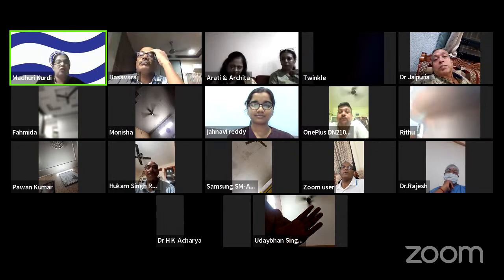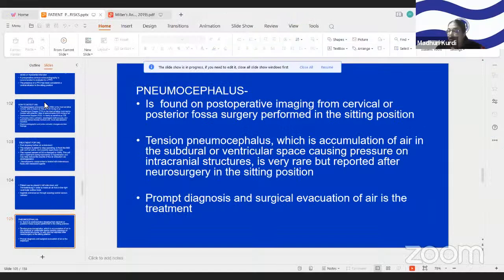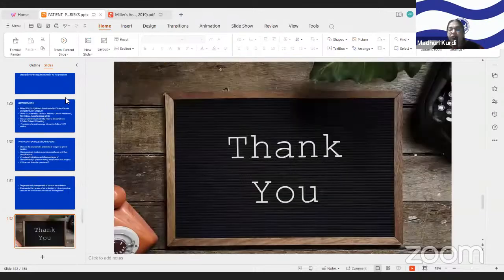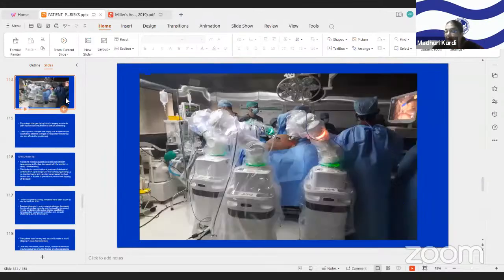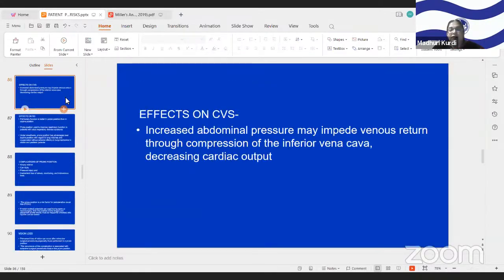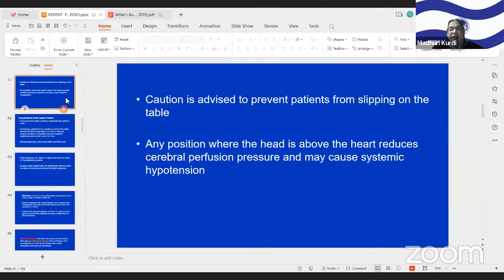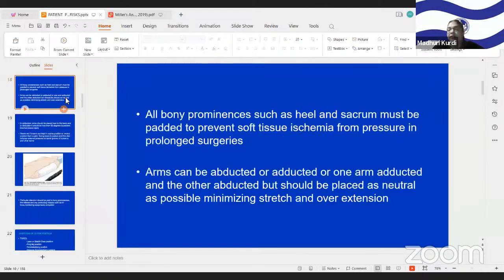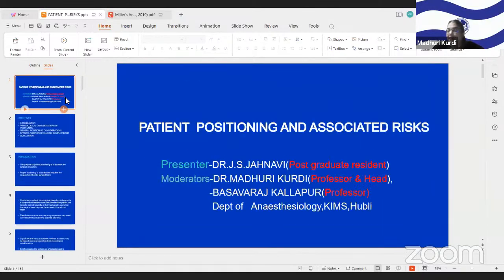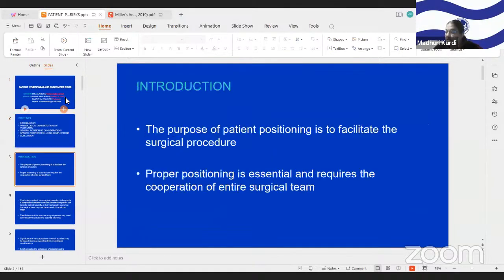So the patient also has to adjust to this position. So Janvi has explained in depth about the common surgical positions that are adopted and what are the physiological implications of these positions, how to carefully give these positions, and what are the various complications associated with various surgical positions.